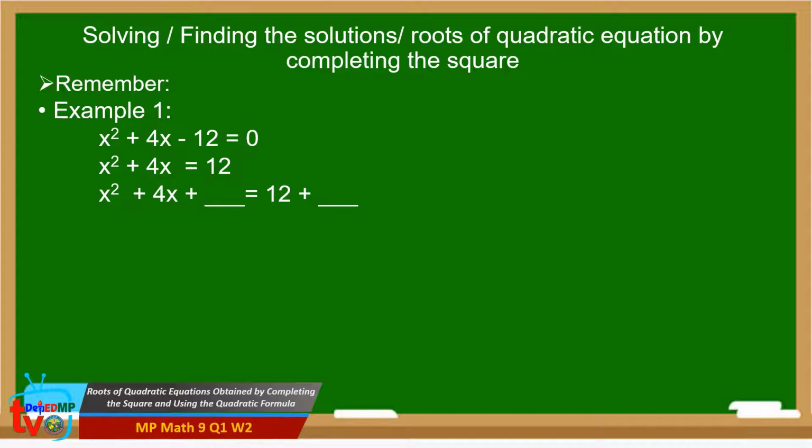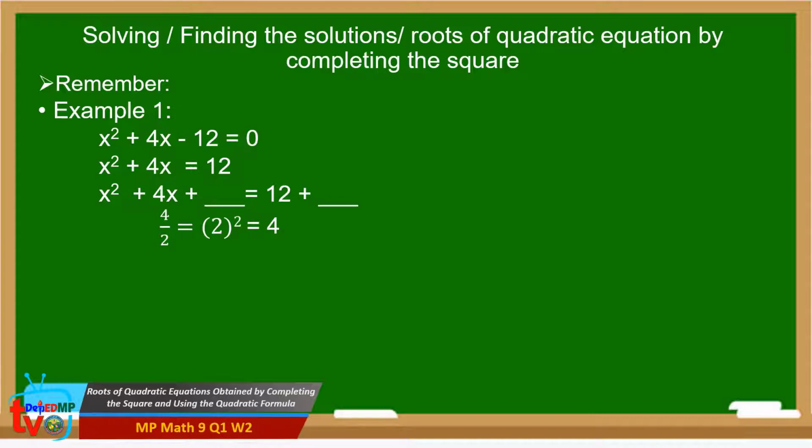Following the steps, we use the coefficient of the linear term or the second term, which is 4, whether positive or negative. So 4 divided by 2 or 4 times 1/2 is 2. Then 2 to the second power is 4. We will now add 4 to both sides of the equation.